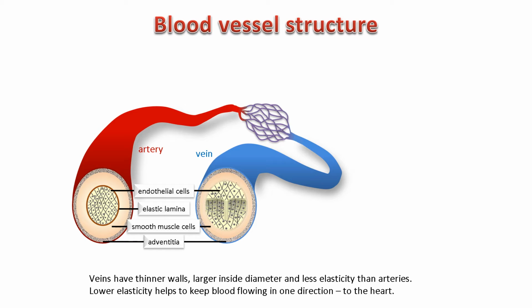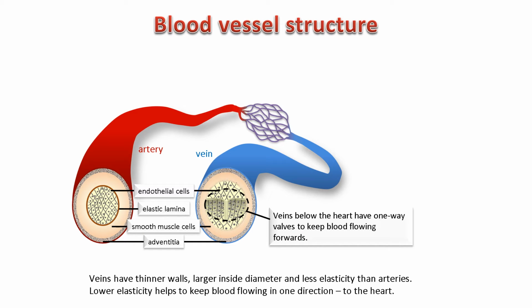Veins are low pressure vessels and their lower elasticity helps to keep blood flowing in one direction. To help keep blood flowing towards the heart, often against gravity, large veins below the heart are also equipped with one-way valves.